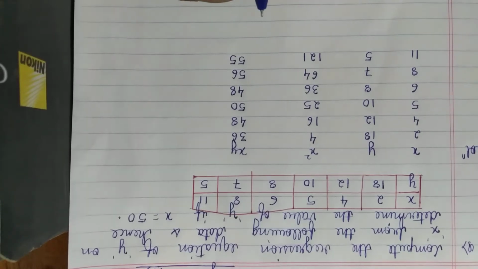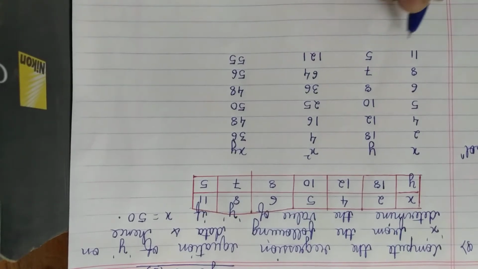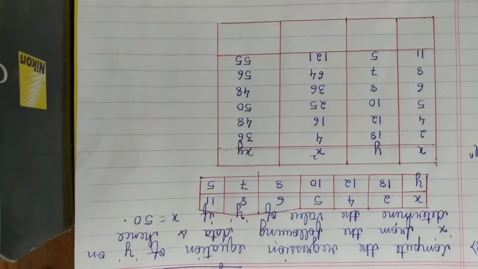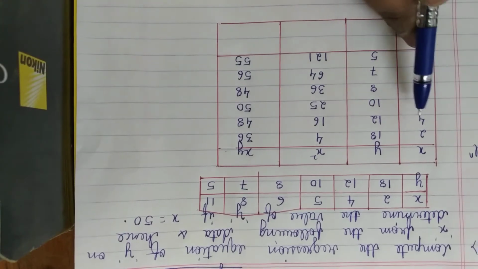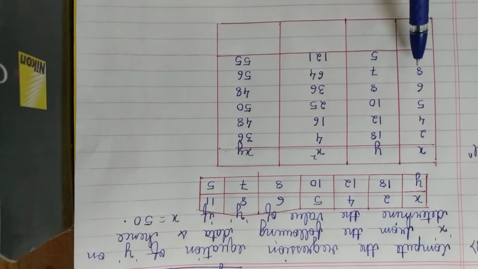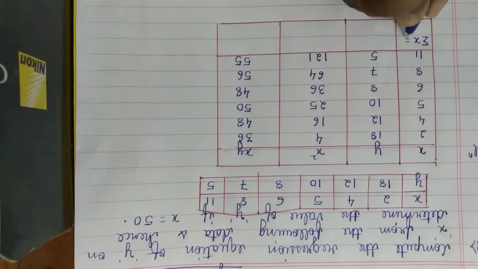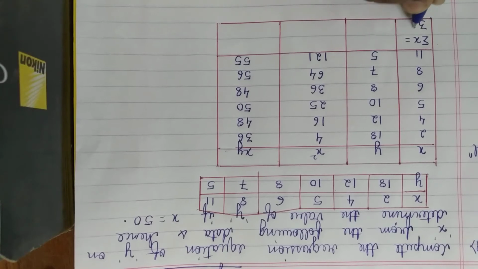Okay, now what you have to do is add up all of these. 2 plus 4 plus 5 plus 6 plus 8 plus 11, that is summation x equal to 36.